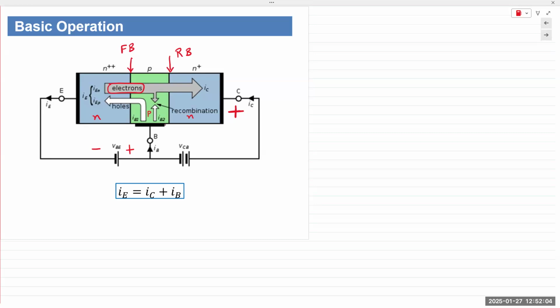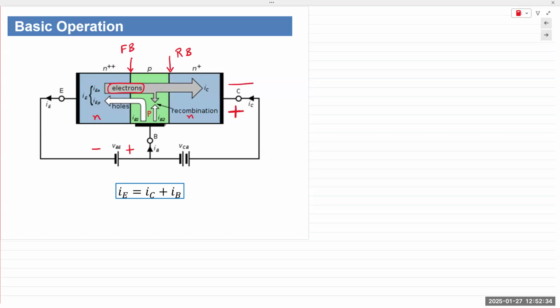Obviously, all of this happens not quite in an instant, but very quickly. Right? And we are applying both biasing voltages at the same time. So you flip a switch, you apply forward bias to the base emitter junction, and you apply reverse bias to the collector base junction. The electrons go from the emitter to the base, and they're attracted through the base all the way to the collector.